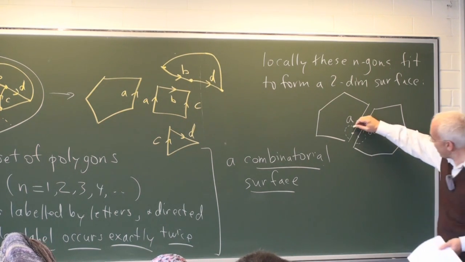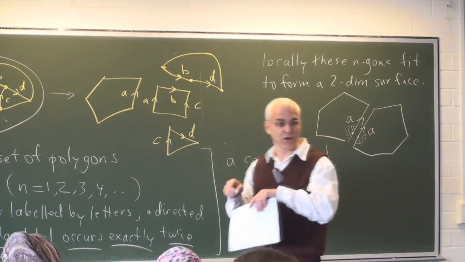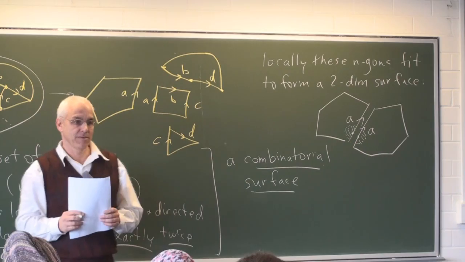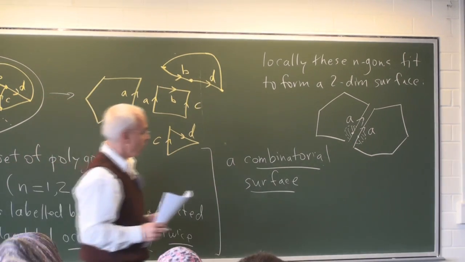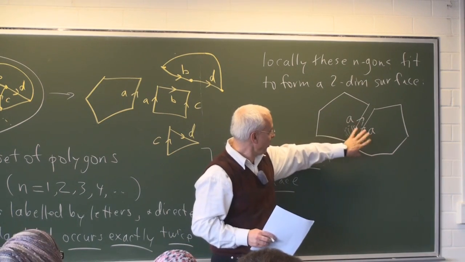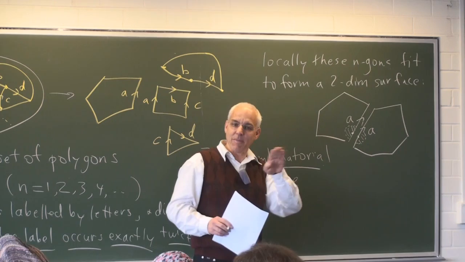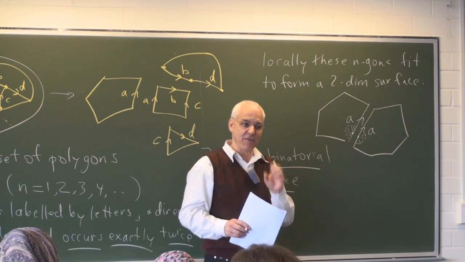And together those two half disks are going to form a little open circular neighborhood of a given point. So even though we might be on the boundary of one of these edges, still, as far as the gluing is concerned, it looks like a two-dimensional surface near that point.